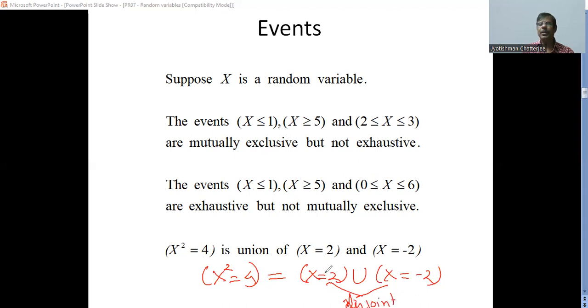Why is it so? Because when capital X equal to 2, at the same time, it cannot be equal to -2. That's why they are disjoint. So you are breaking it up into two mutually exclusive events. That's not important here. I just wanted to make sure that you understand this event. What's the meaning of this event? It actually breaks down into two sub-events.